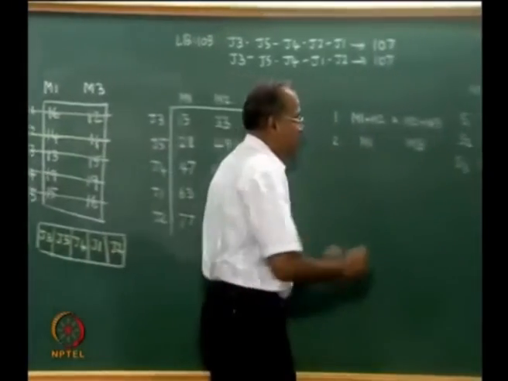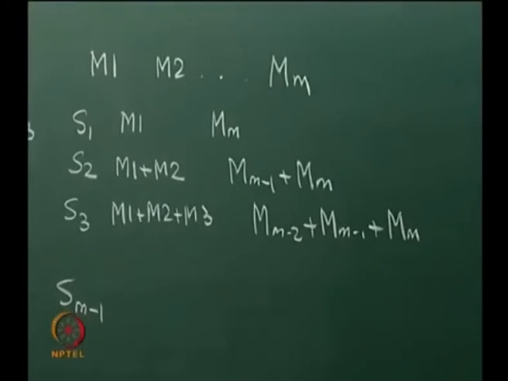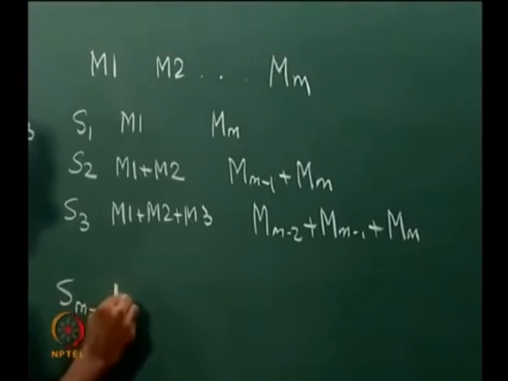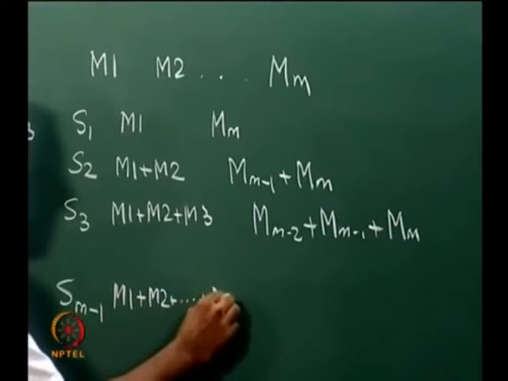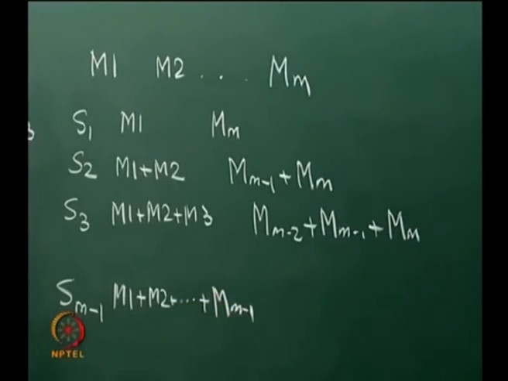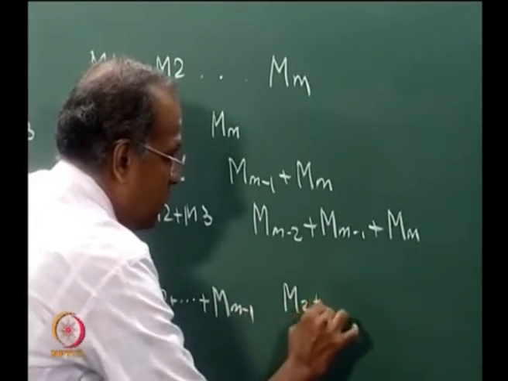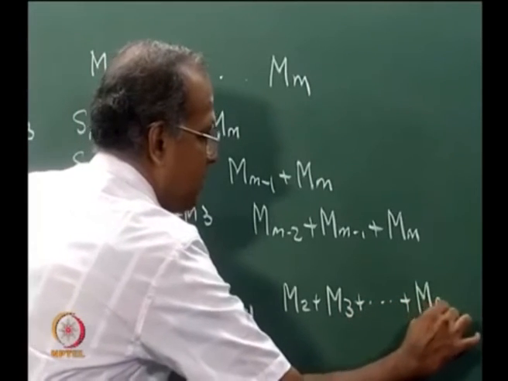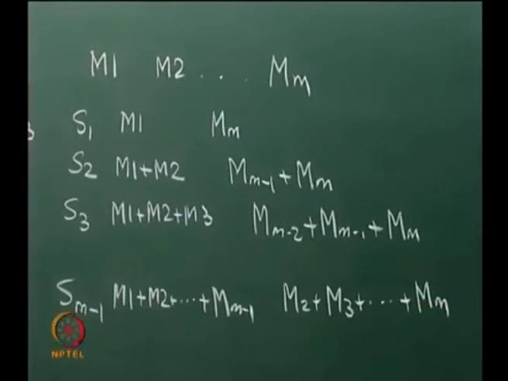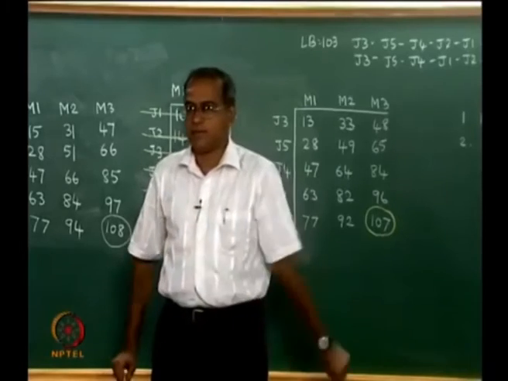So as we keep doing, the last sequence, S M minus 1, will be M1 plus M2 up to M minus 1, and M2 plus M3 up to M. So take the first M minus 1, take the last M minus 1 starting from 2.